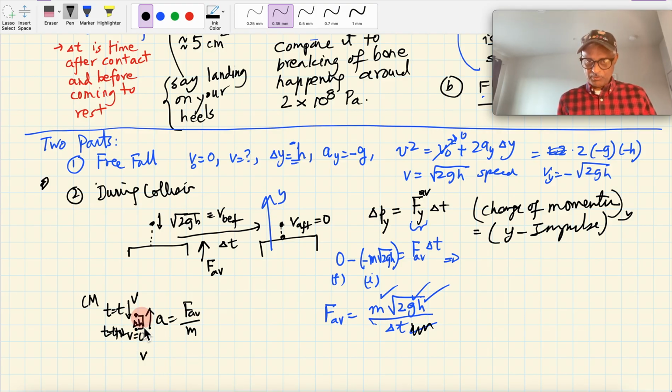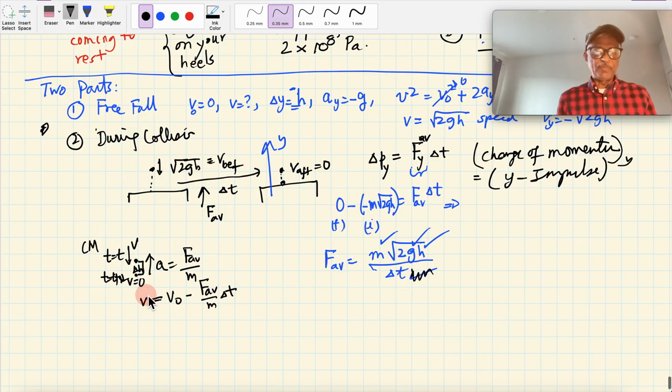So how can we relate this and figure out delta t, how much time it took to come to rest? v equals v0 minus F average over m delta t. This goes to 0. This v0 is the v we found over there, square root of 2gh. So 0 equals square root of 2gh minus F average over m delta t.